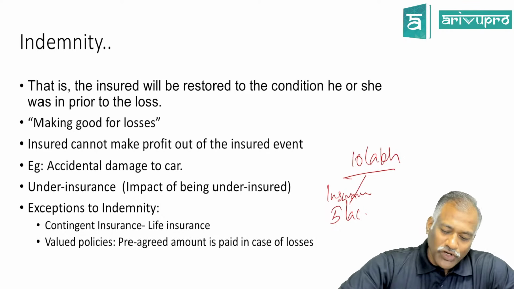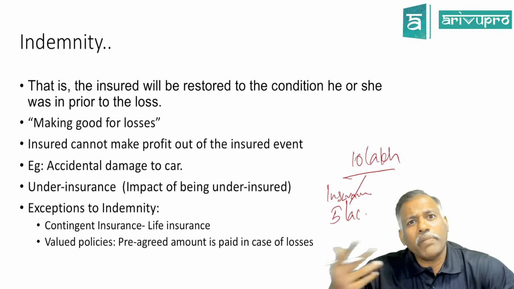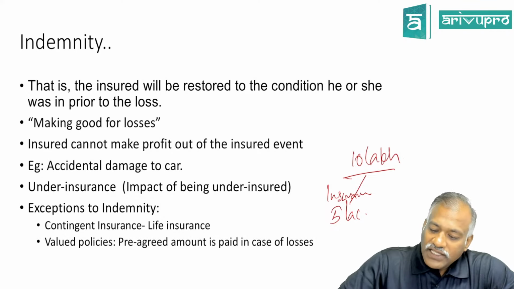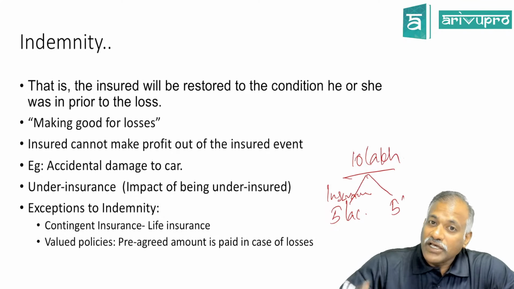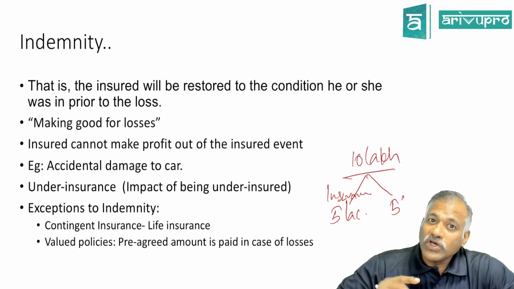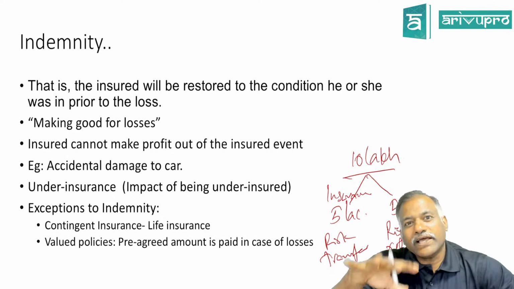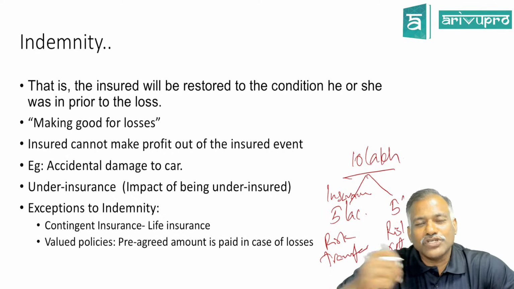Now, when you are insuring it for 5 lakhs, what is happening to the balance 5 lakhs? 10 lakh is the total value, and 5 lakh is what you are insuring. The other 5 lakh is the underinsurance, which means, if you look at the previous strategies, we saw risk retention, right? So this will fall under risk retention, and this is risk transfer. 5 lakh rupees, I have transferred the risk to the insurance company.